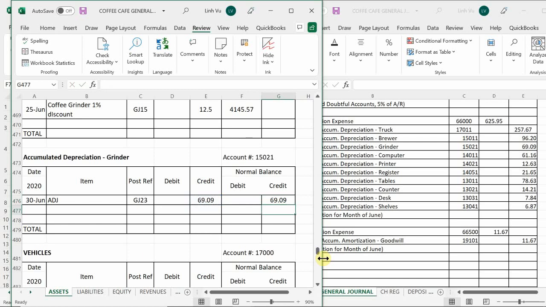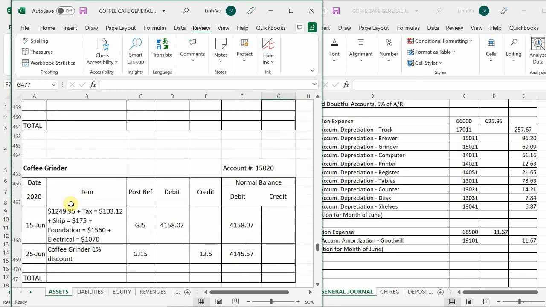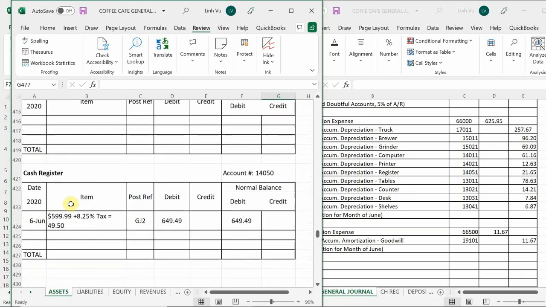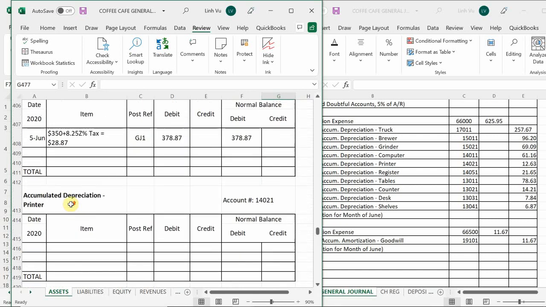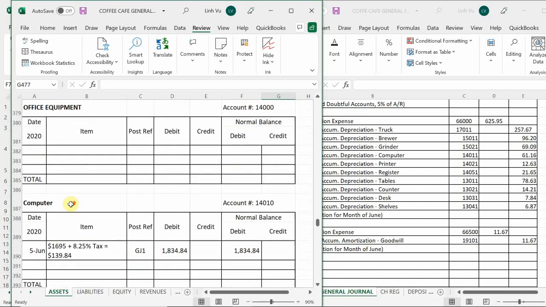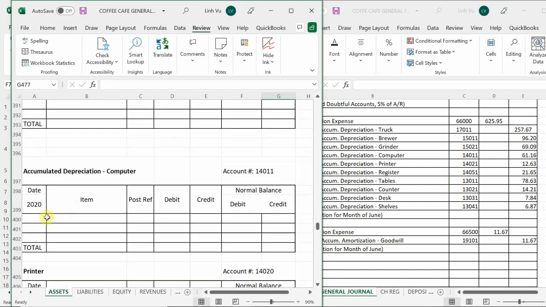Okay. Next is the computer. Here it is for the computer. For $61.16.